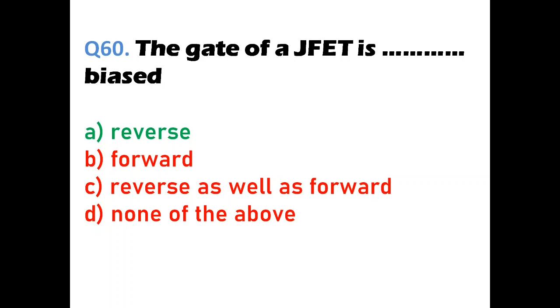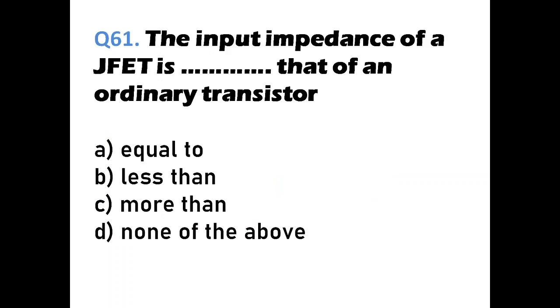So your drain current you can control by reverse bias. If the reverse bias voltage is less, drain current is more. If the reverse bias voltage is more, drain current is less. In that way, you can control the output current by input voltage. So the gate of a JFET is reverse biased. Then we'll go to question number 61.